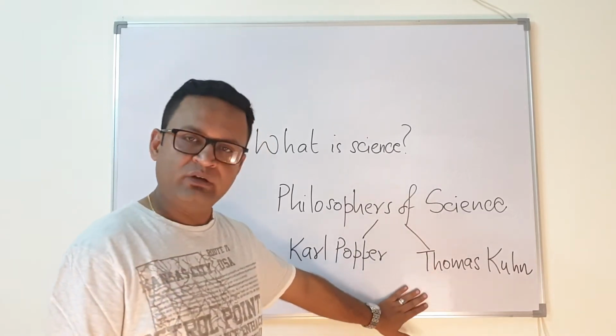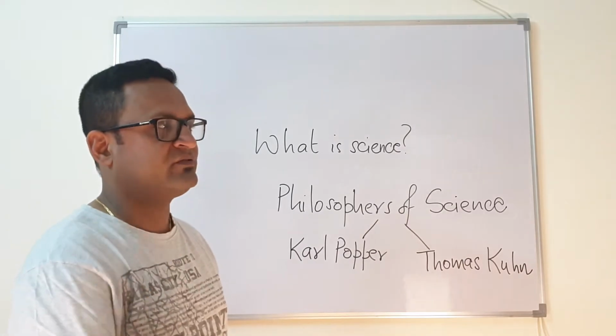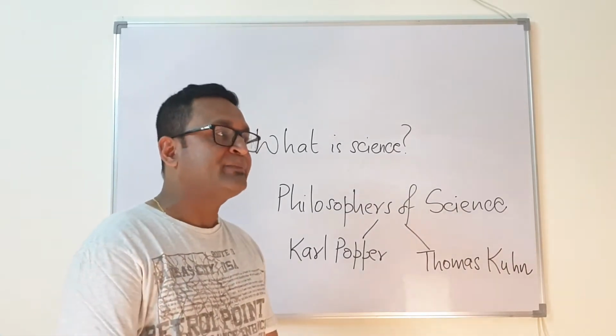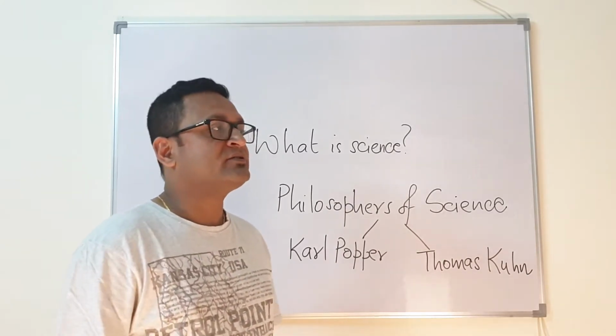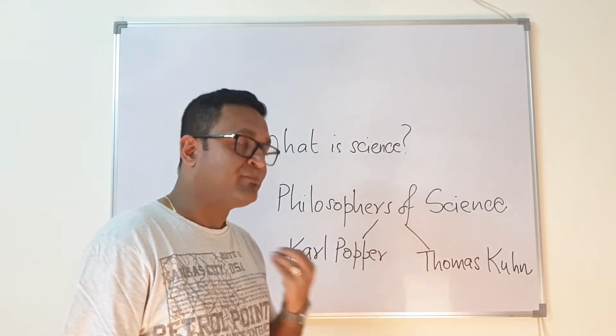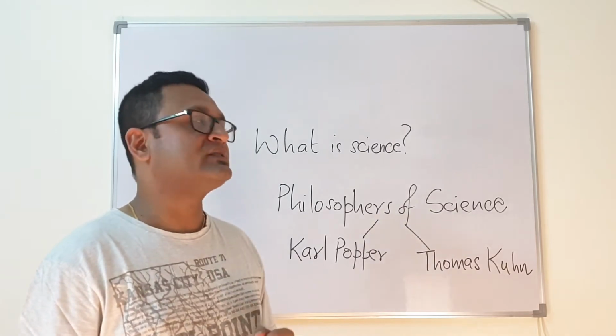These are not the only two philosophers of science whom we will be discussing. There are more, like Paul Feyerabend, Imre Lakatos, Laudan, and so on. We will be discussing each and every important philosopher of science in this course and their contribution to science.